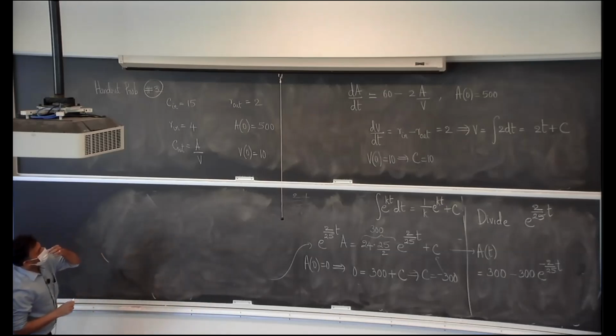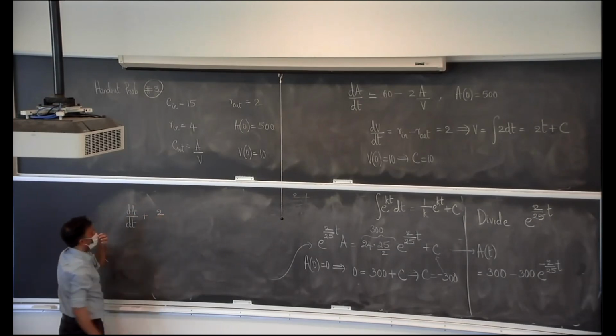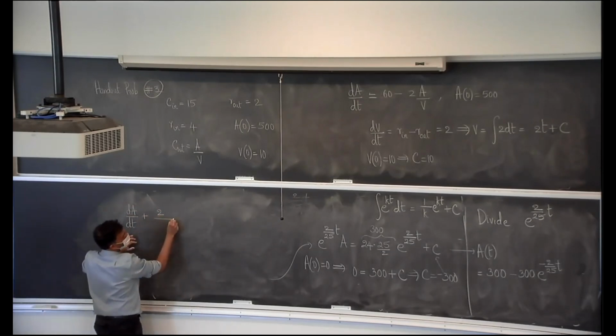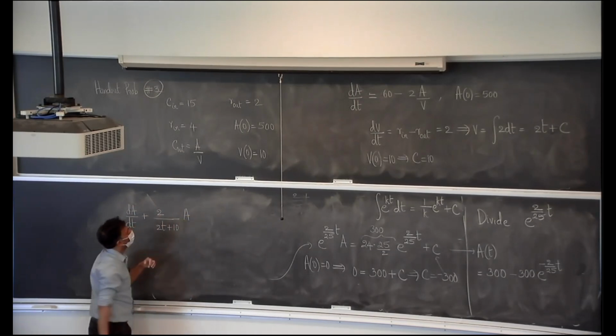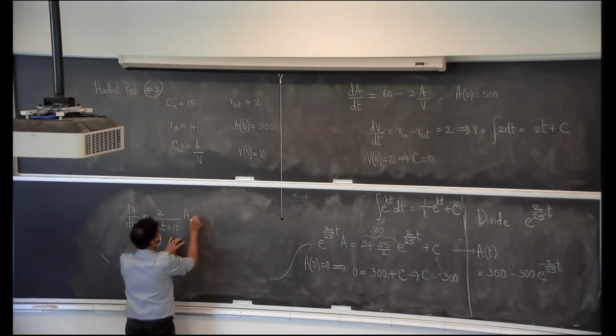Okay, so let's write what we have. Let's bring that term to the left-hand side, right, in the standard form. So dA dt plus 2 over V, which is going to be 2t plus 10, times A equal to 60.